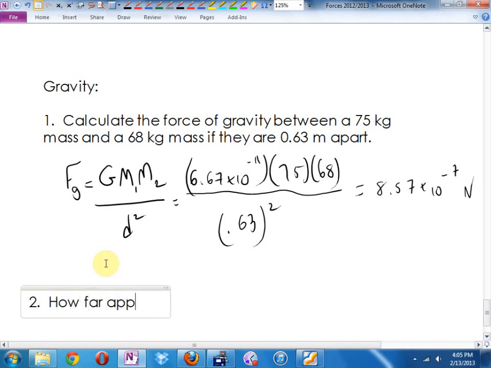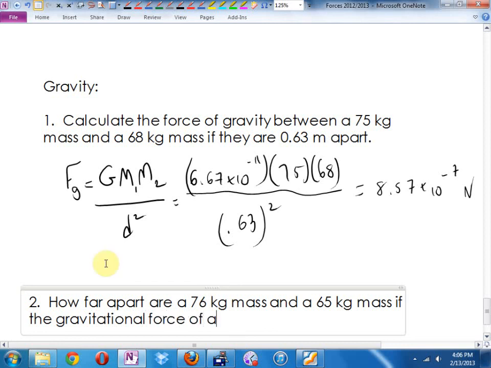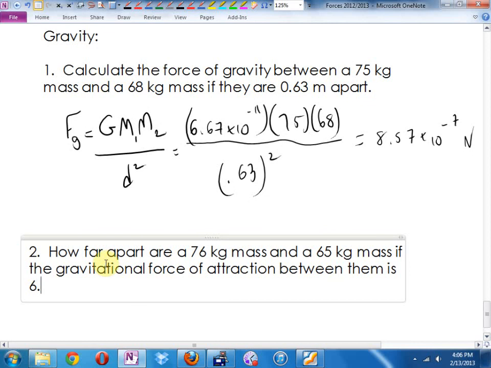How far apart are a 76 kilogram mass and a 65 kilogram mass if the gravitational force of attraction between them is 6.53 times 10 to the negative 7?